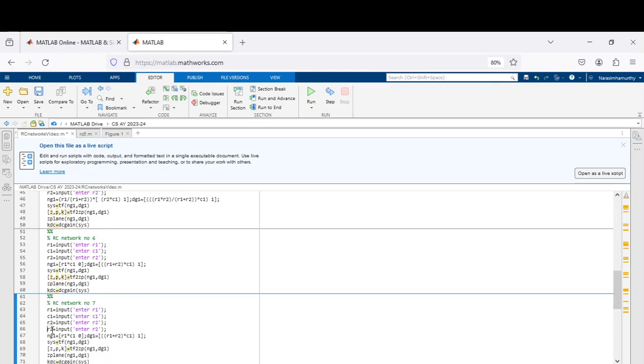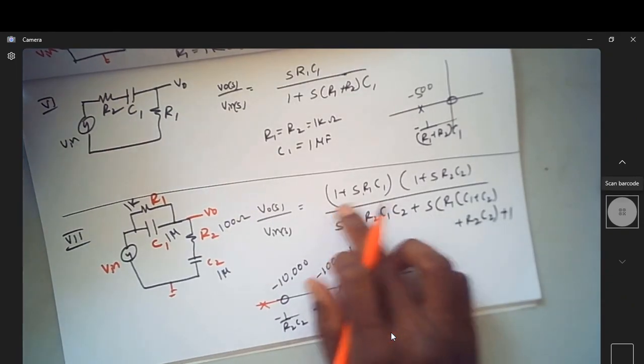So this is my C2 and this should be C, and the numerator. Suppose if you want to edit this transfer function, can I just write it like this? What is the product of this?